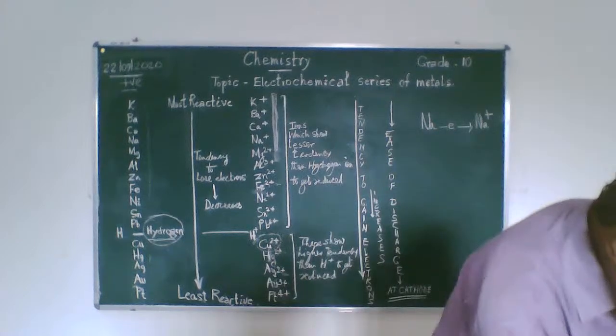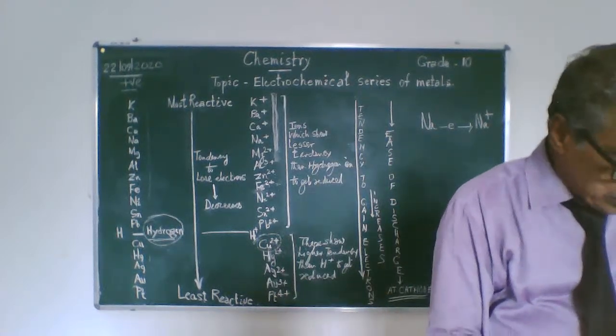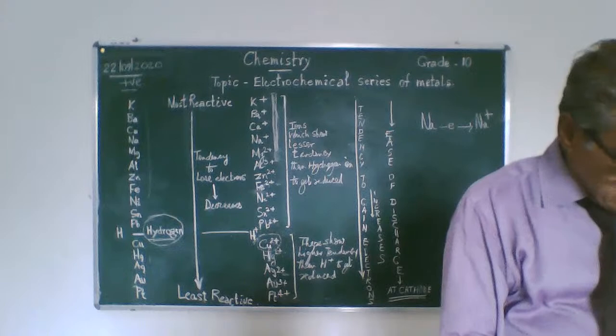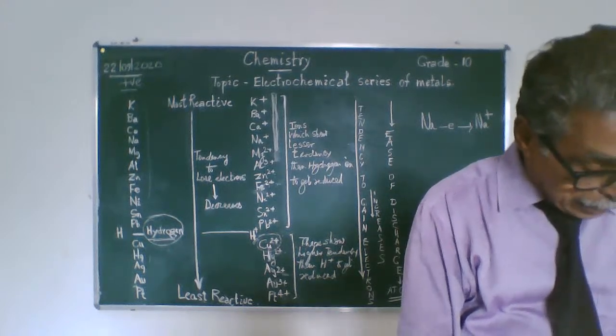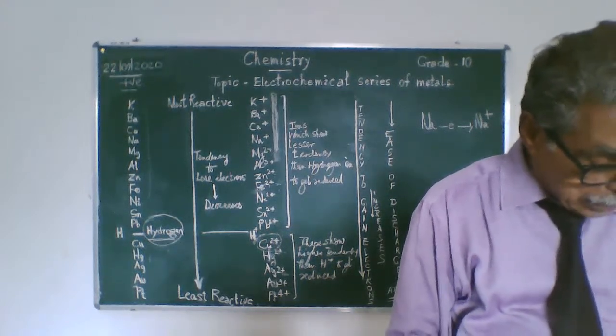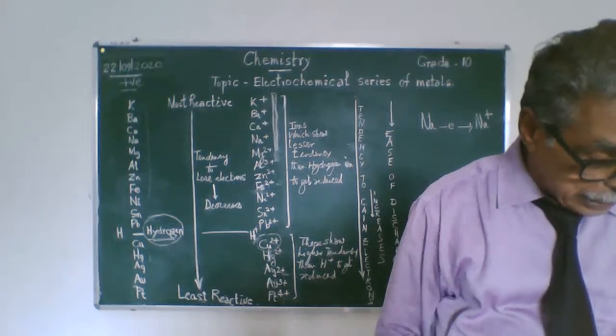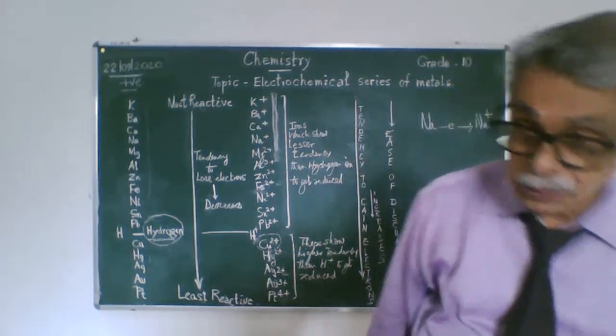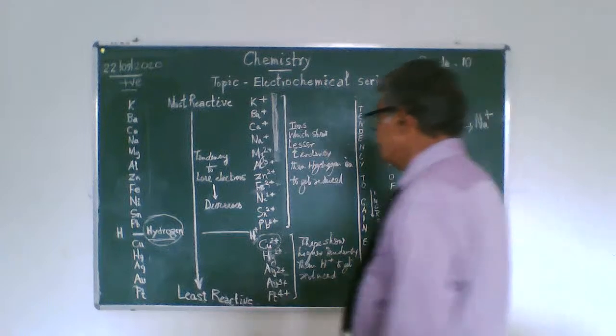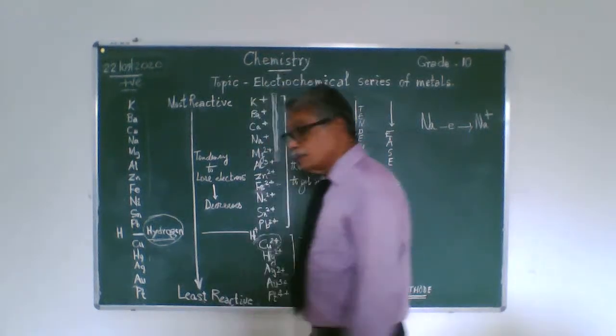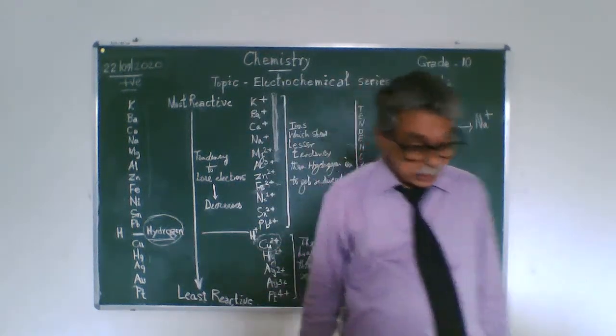Please note down, elements lower in the series get discharged more easily at the cathode during electrolysis because their cations can easily gain electrons. You get it or no? The cation can gain electrons more easily. That's the reason.